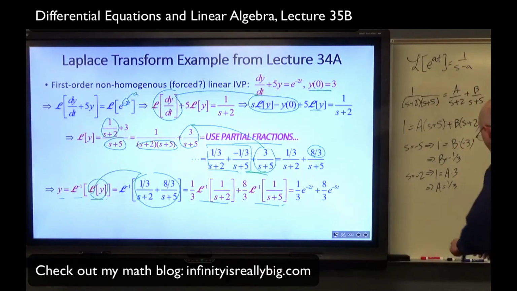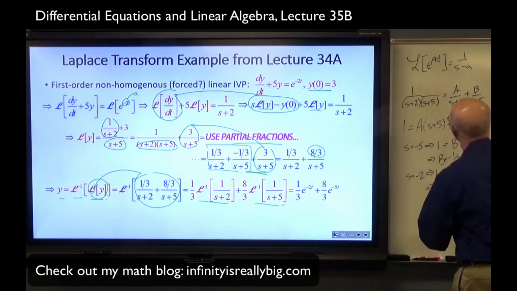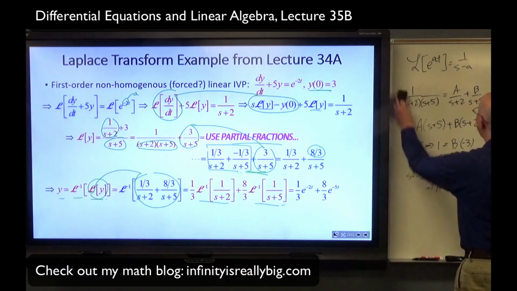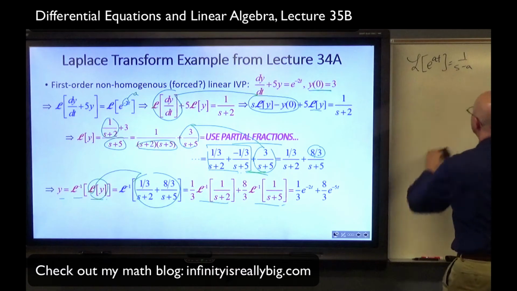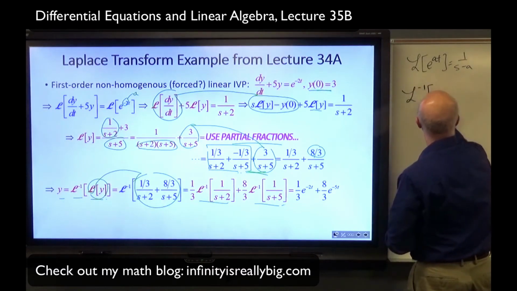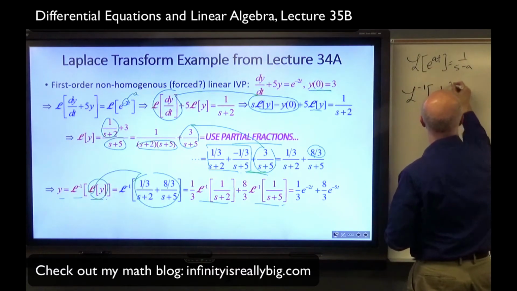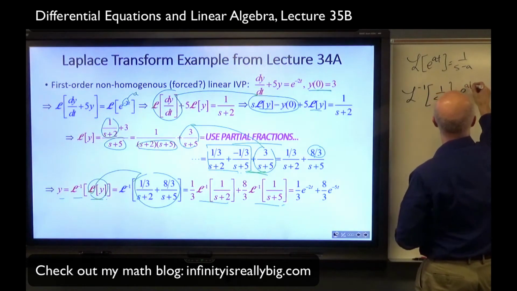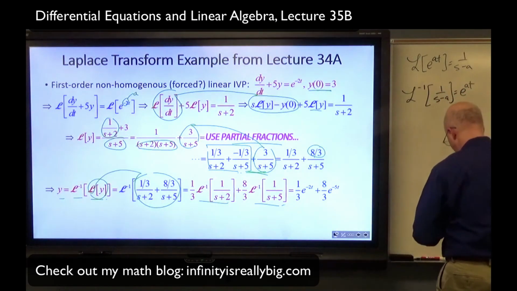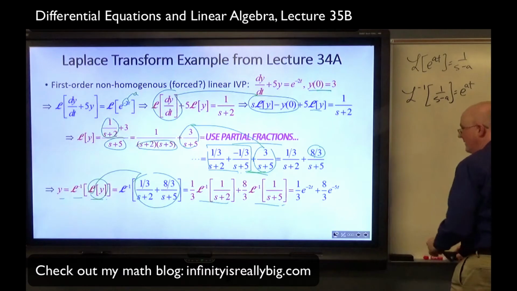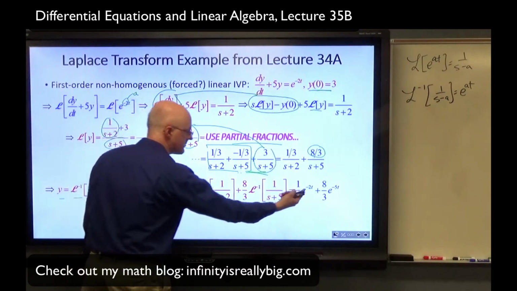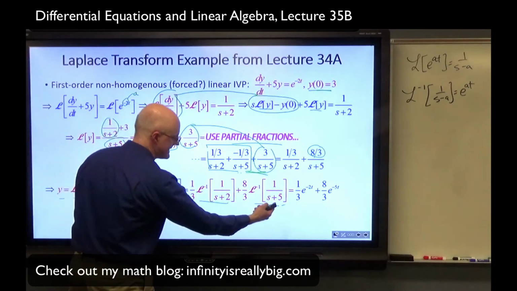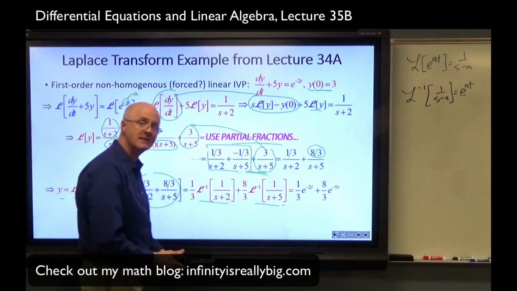The inverse Laplace transform of 1 over s minus a is e to the at. Okay, that's what I used here. With this one, a is negative 2, so I get e to the negative 2t. With this one, a is negative 5, so I get an e to the negative 5t.